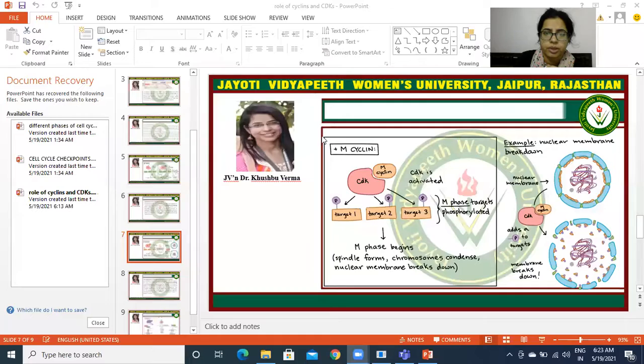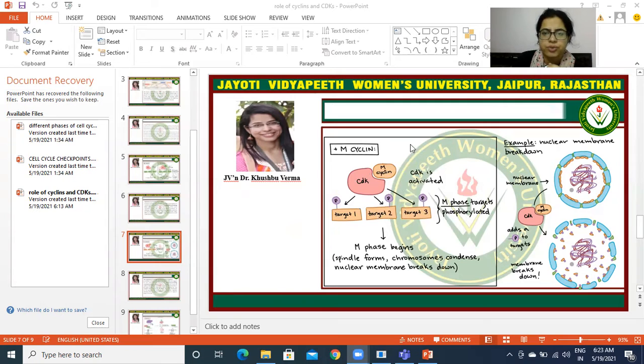You can understand this concept by this diagram. For example, if there is M cyclin present, it will activate its respective cyclin dependent kinase. When CDK is activated, it will phosphorylate its respective targets.